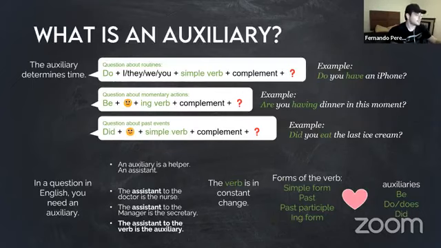Let's talk about questions. Do you understand? Do you have questions? What do you see in this case?